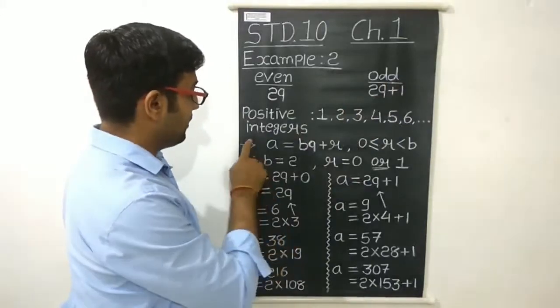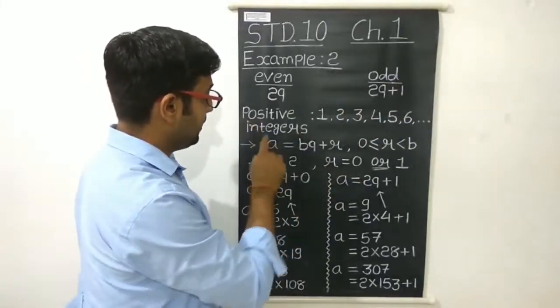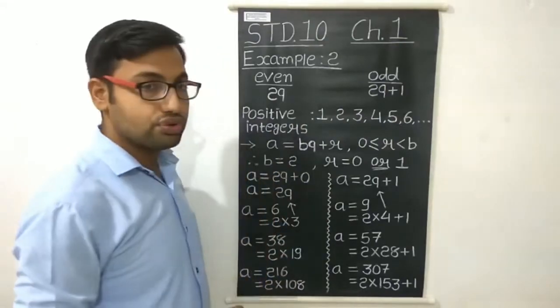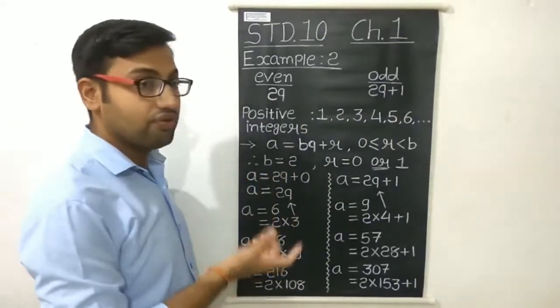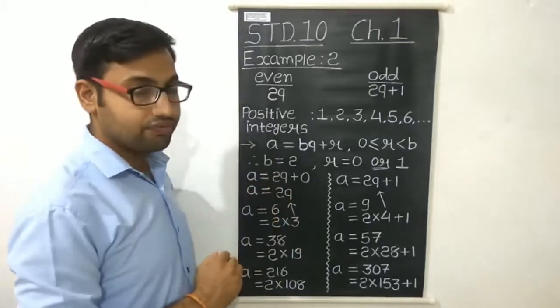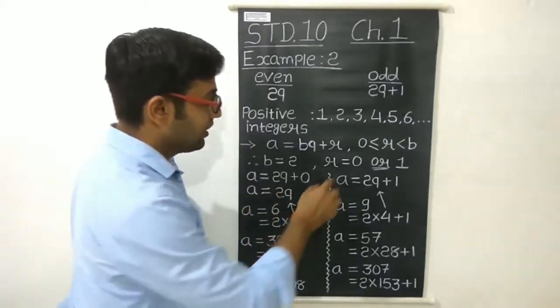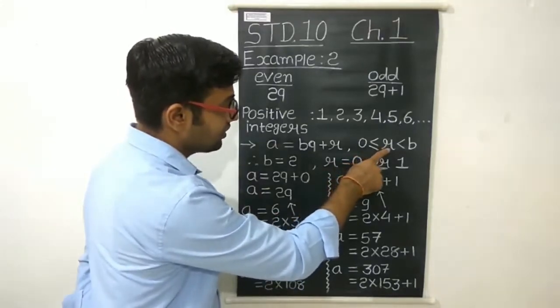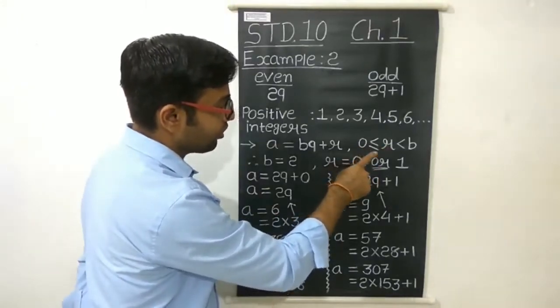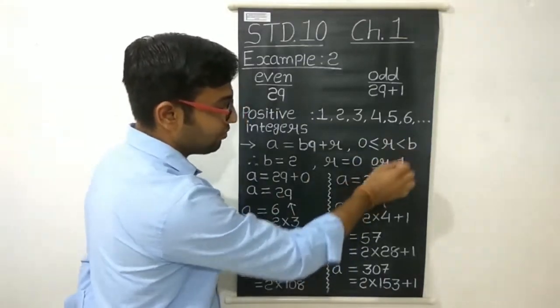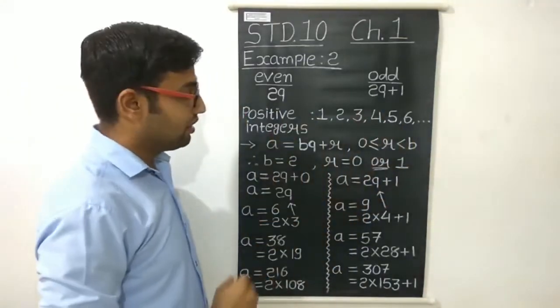So let's take a as a positive integer and the value of b equal to 2. Then what will be the value of r? Now we know the relation between r and b: r is greater than or equal to 0, and it must be less than b.